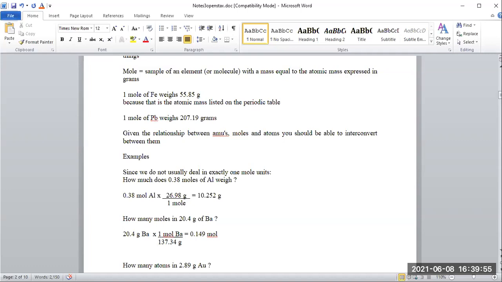And so even though according to the rules of sig figs, I should actually round this slightly and call it 10.25 grams and not have that final 2, I went ahead and left it unrounded so that it would resemble lab data.